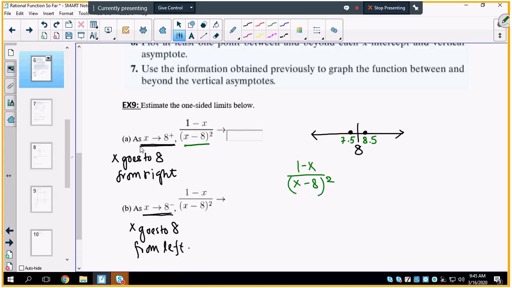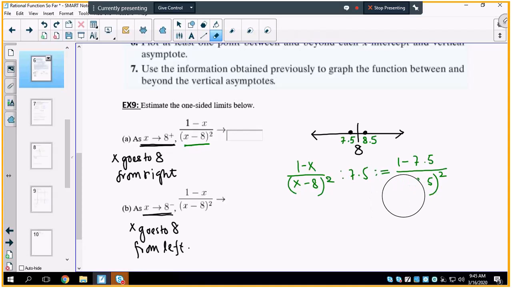I'm going to test the point 7.5. So you get 1 minus 7.5 over (7.5 minus 8) whole squared. I'm so sorry, I should have said 7.5 minus 8, because I'm replacing the x by 7.5. And then you have a square.